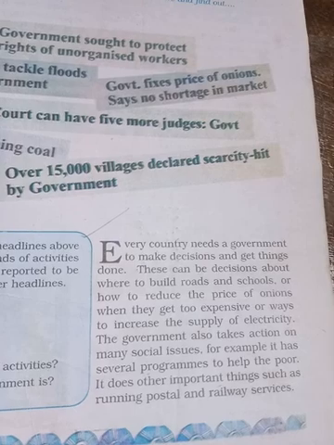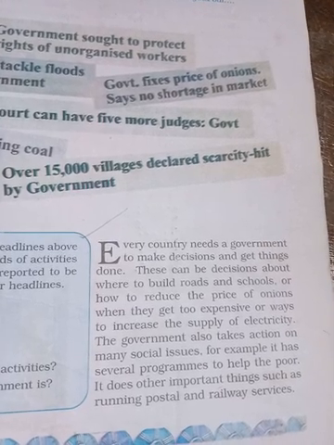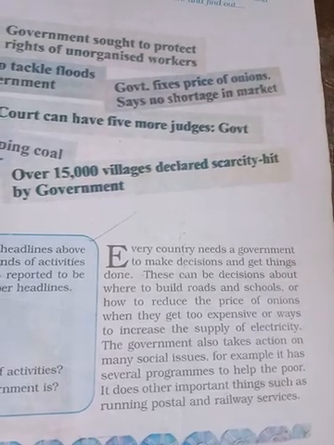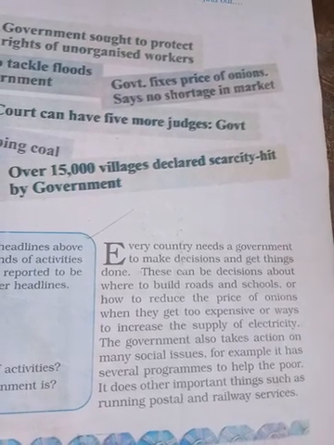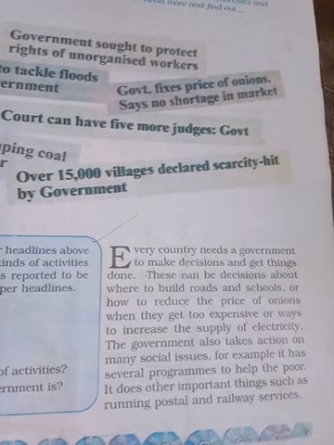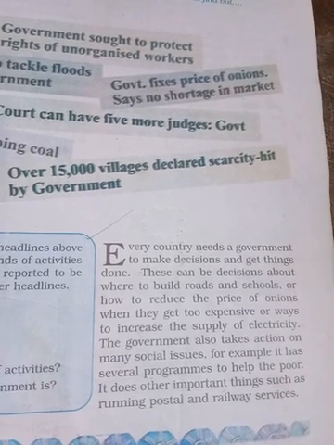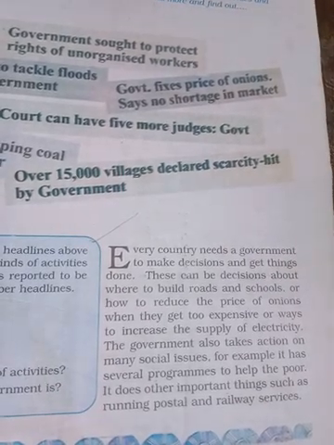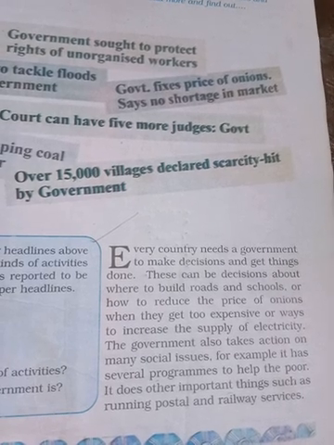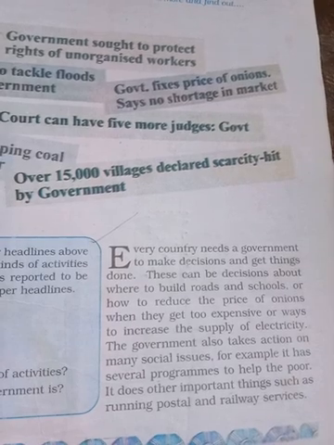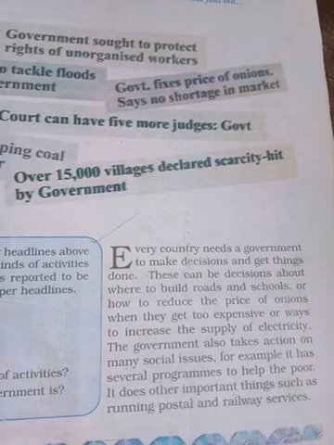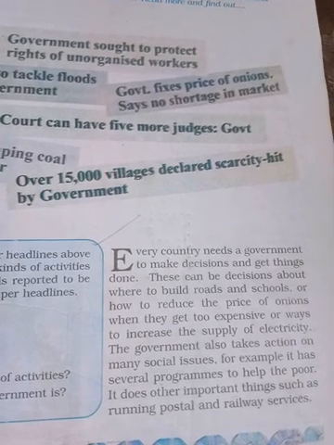The work of the government also includes the supply of electricity to every household of that particular country. It also includes several programs to help the poor. For the poor families, the government provides rice at a very cheap rate, at 3 rupees per kg.